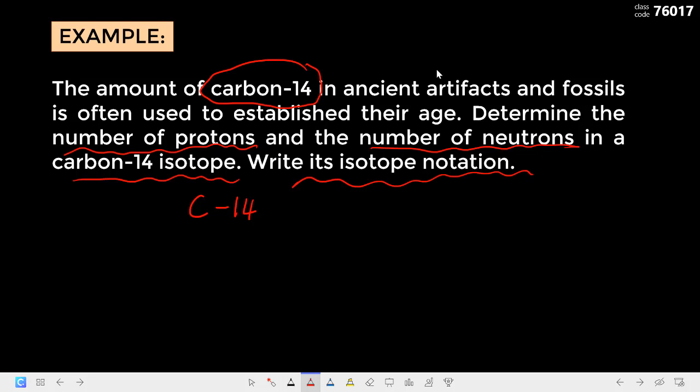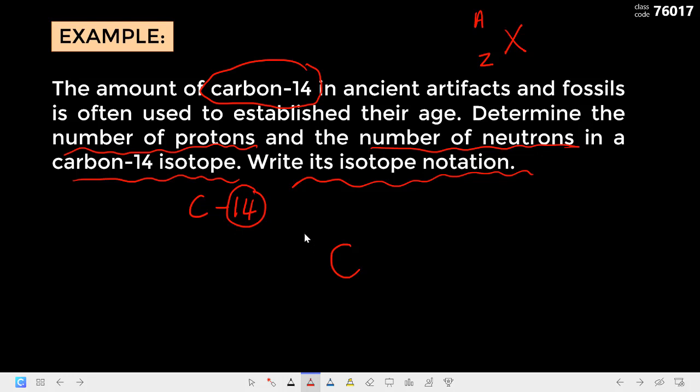Jadi, kalau kita ingat balik tadi, isotope notation is X, A nuclear number, and Z proton number. So for carbon-14, you kena cari berapakah nuclear numbernya. Nuclear number kat sini adalah yang ini, 14.